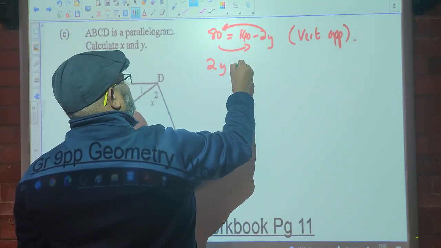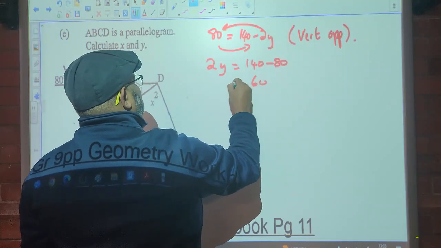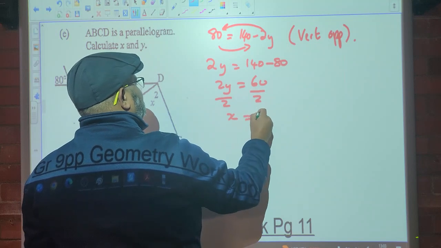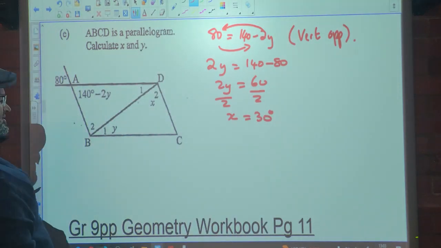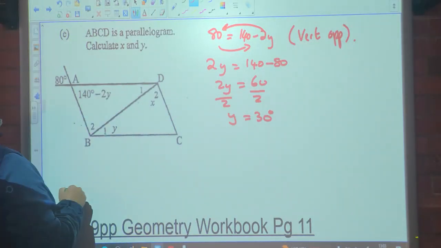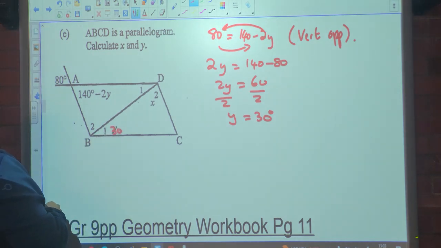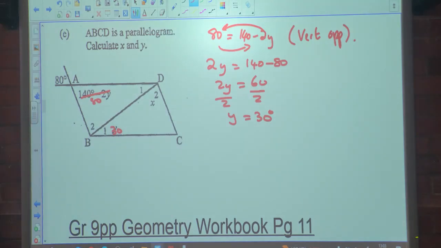So 2y is equal to 140 minus 80, which is 60. Divided by 2 both sides. So y is 30. Okay. So that means to say that this angle is also 30. And this angle, of course, we now know it's 80. You all agree with that?